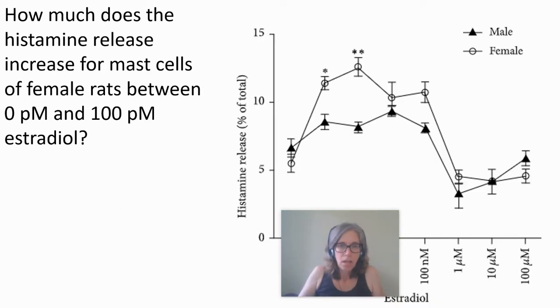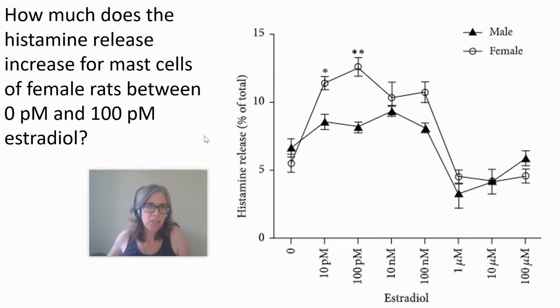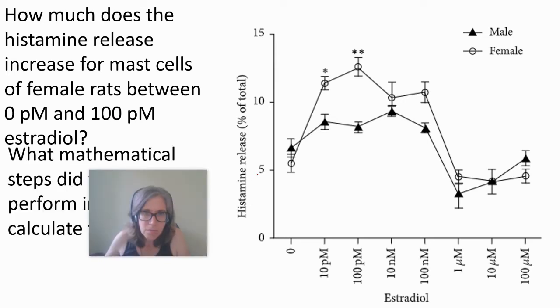All right. Next question. How much does the histamine release increase for mast cells of female rats between 0 picomolar and 100 picomolar estradiol? So here's 0, here's 100.